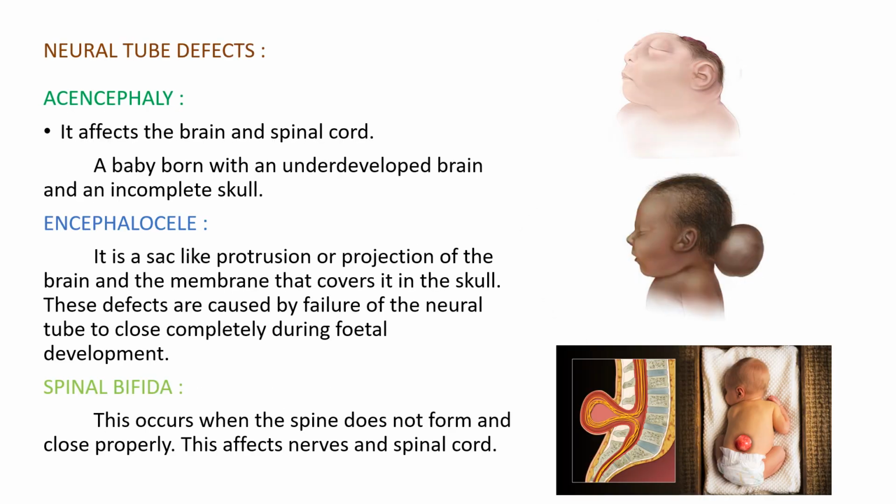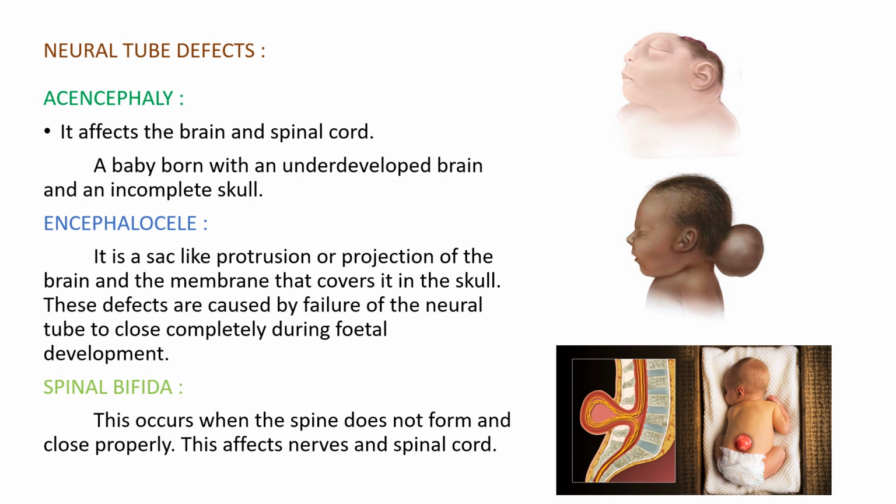Neural tube defects. It affects the brain and spinal cord. Anencephaly. A baby born with an underdeveloped brain and an incomplete skull. Encephalocele. It is a sac-like protrusion or projection of the brain and the membrane that covers it in the skull.